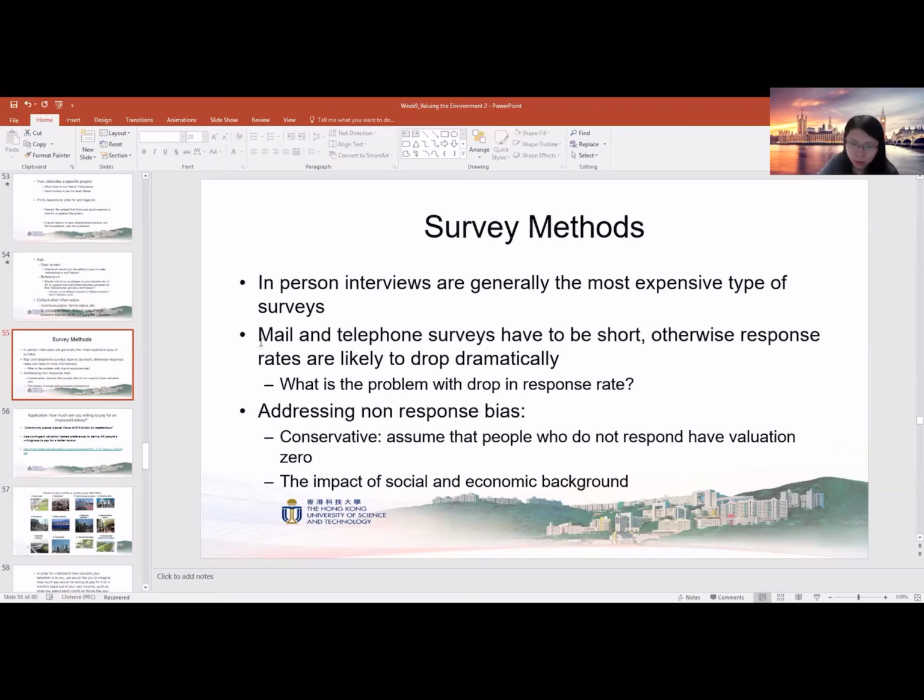Some people are saying that we should adopt a conservative measure, saying that people who do not respond have valuation 0. But this is a little bit, as Emma said, sometimes too harsh, penalizing non-response.